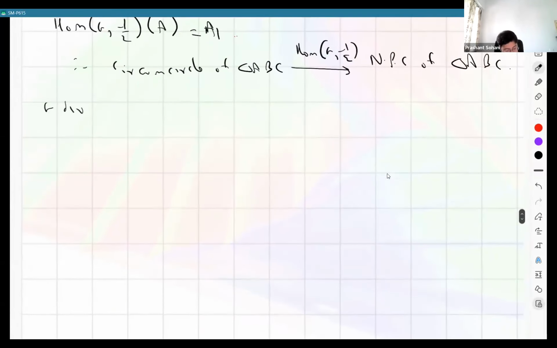So G divides segment ON in the ratio 2:1 as NG upon OG is equal to minus half.